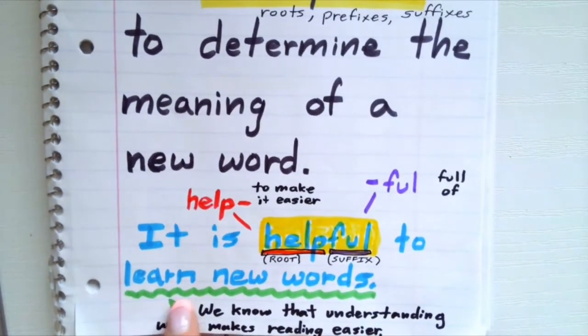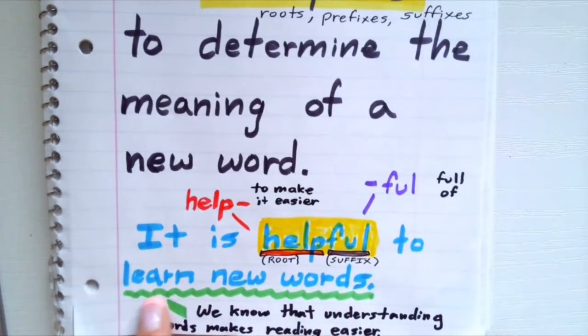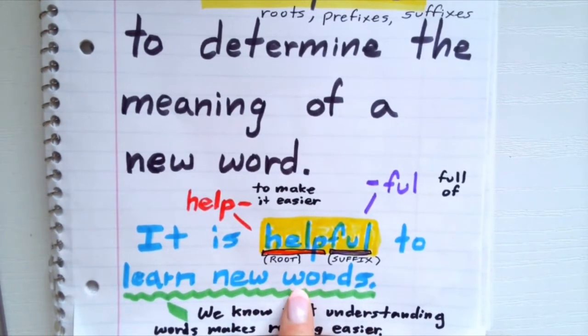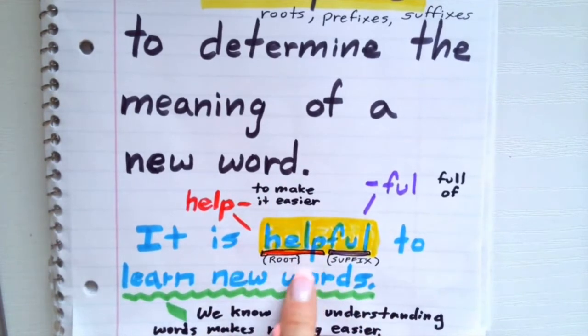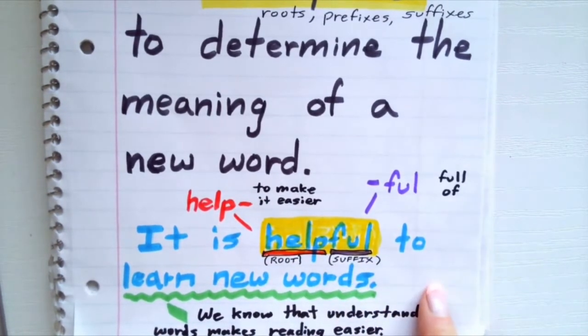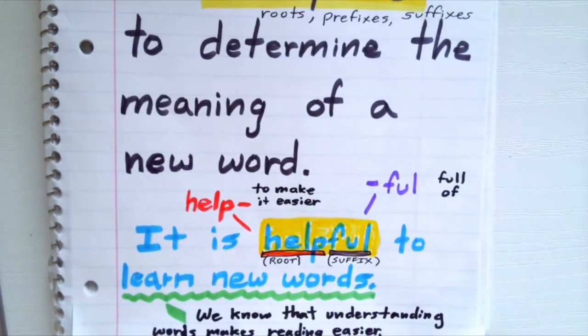Also, we can use context clues. We see where it says learning new words is helpful, and we know that understanding words makes reading easier. So maybe help means make something easier. Context clues and word parts will help us determine the meanings of new words so we can enjoy our stories.